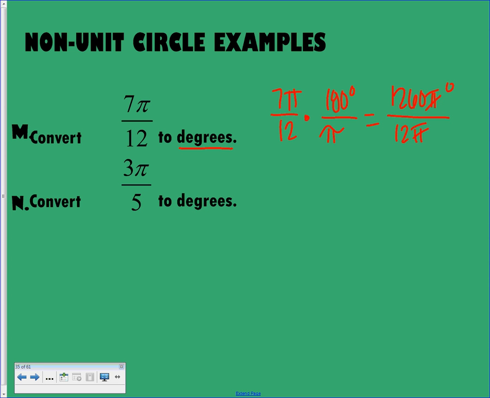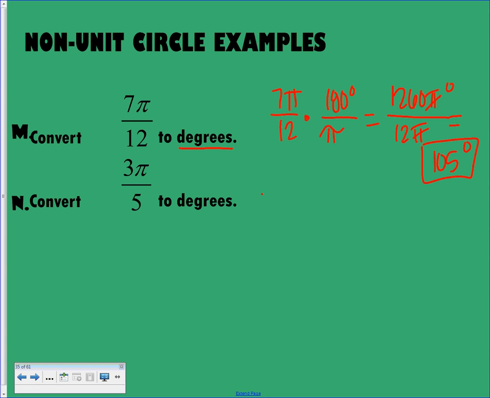My pi's cancel, so I'll divide 1260 by 12, and I'll get 105, and my degrees stays as my label. If you do it right, the unit you want to get rid of should cancel, and the label for the one you're going to should stay. Again, if we're going to degrees, you should not have pi in your answer.